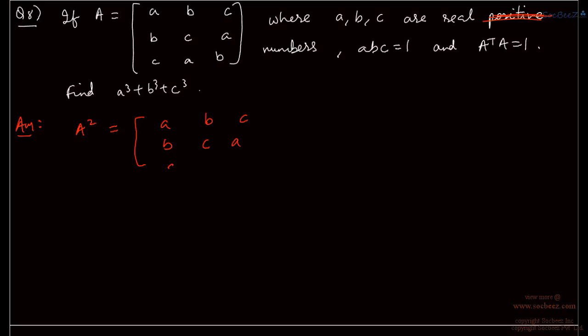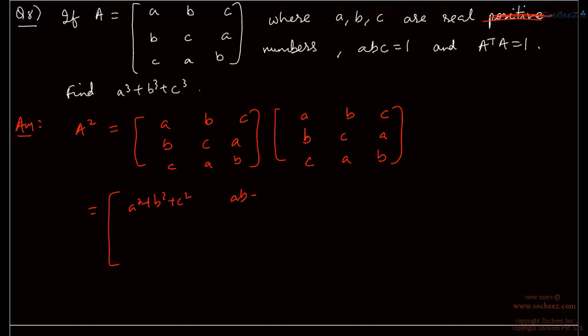A B C, B C A, C A B, right? So this is A square plus B square plus C square, the first term. Then I have AB plus BC plus CA.